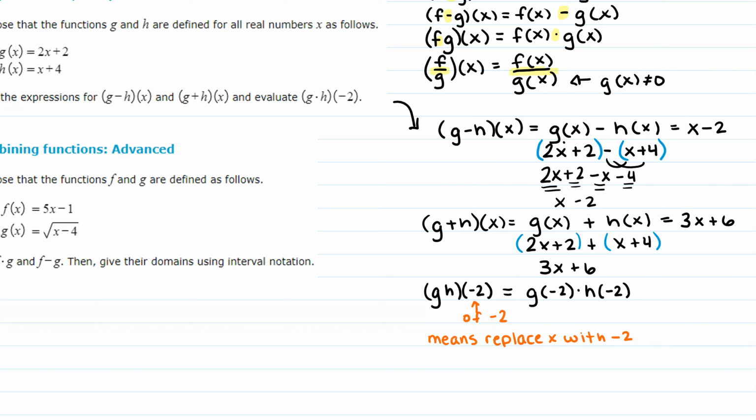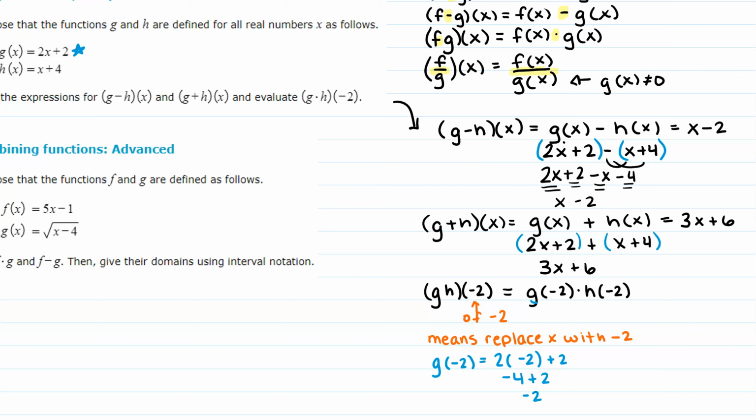So now, what is g of -2? Again, maybe you could do this. Maybe you need a refresher. So g of -2 means in the function called g, replace all your x's with -2. So I've got 2 times -2 plus 2. So that makes -4 plus 2, which is -2. That's a coincidence.